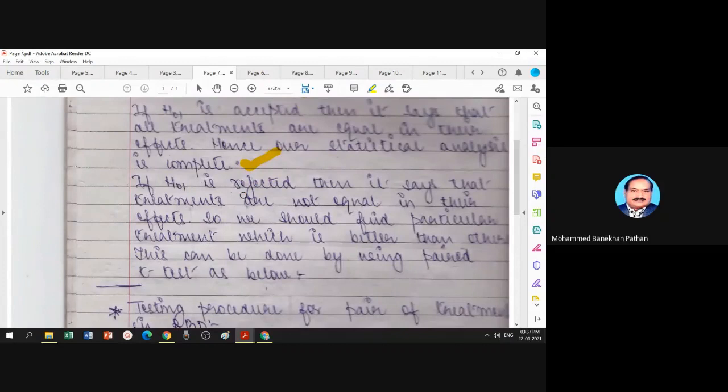If H naught 1 is rejected, then it says that treatments are not equal in their effect. Not equal means there is a treatment which is better than the others. So we have to search for that particular treatment which is more effective in your design.